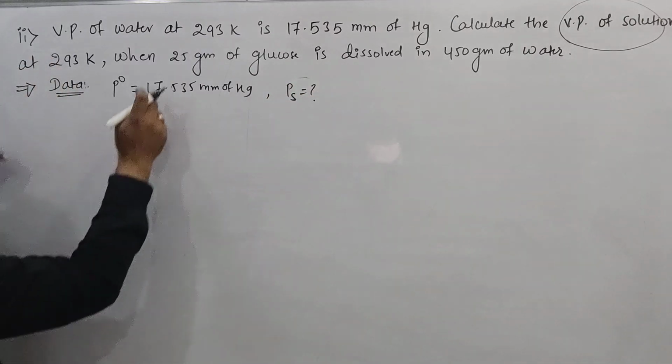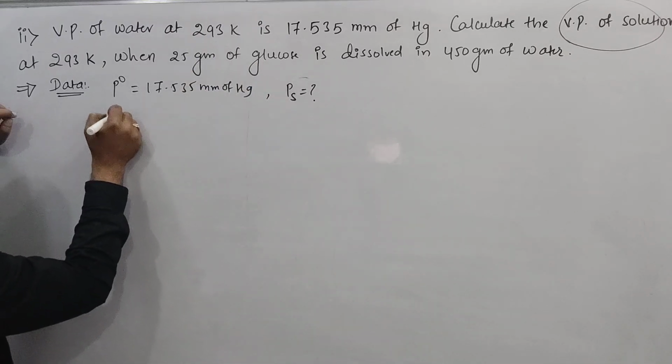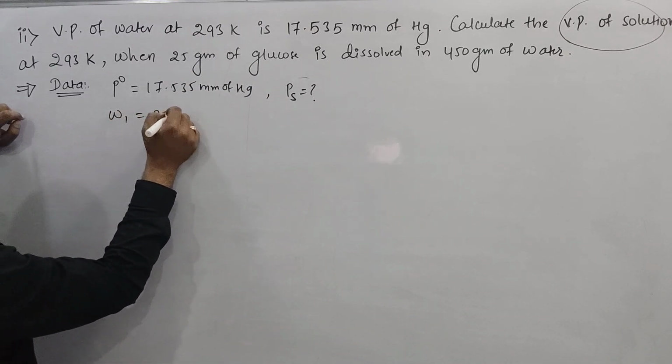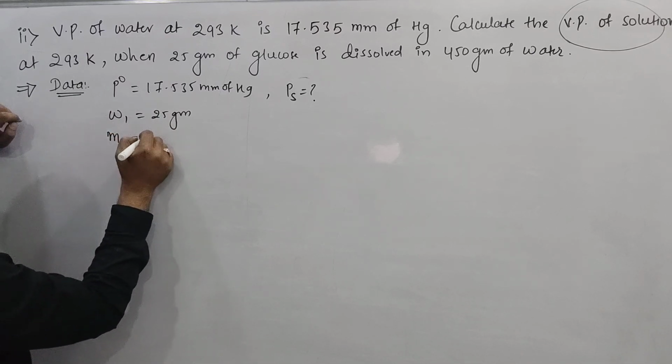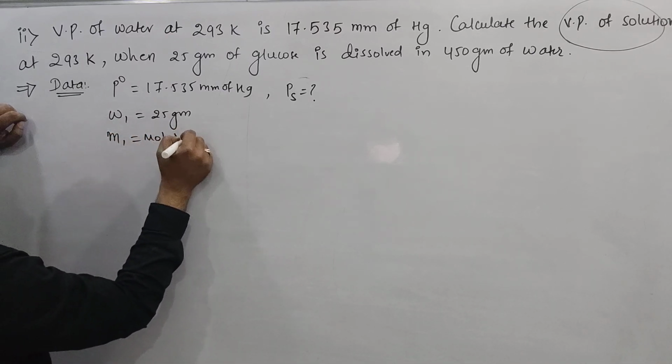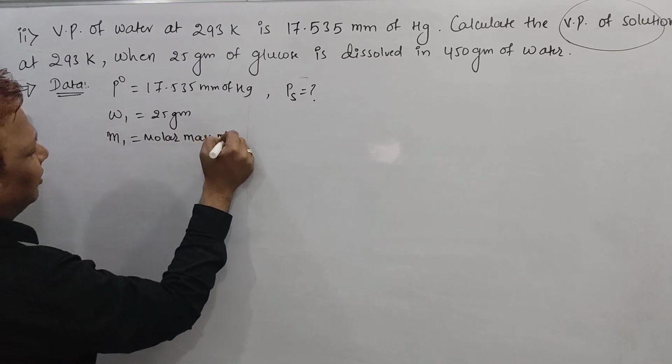25 gram of glucose is W1, the weight of the solute. Small m1 is the molar mass of glucose.